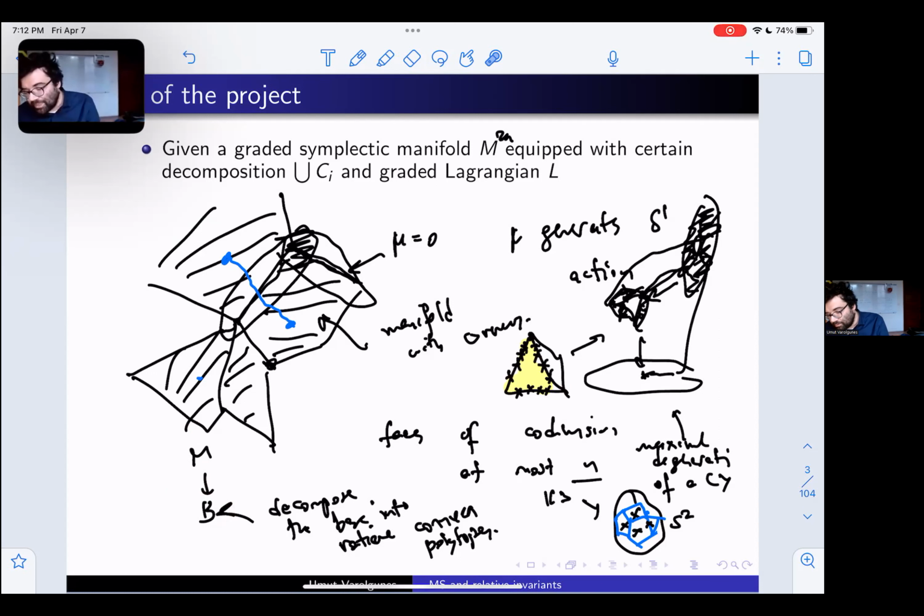What Gross-Siebert do, for example, is take its dual, which is the dual intersection complex, and from that they run the scattering diagram algorithm. But for me, there's only one thing that exists: a symplectic manifold. If you want, a base with a decomposition, or just a decomposition in the total space, some version of that. So it's a weakening of that structure.